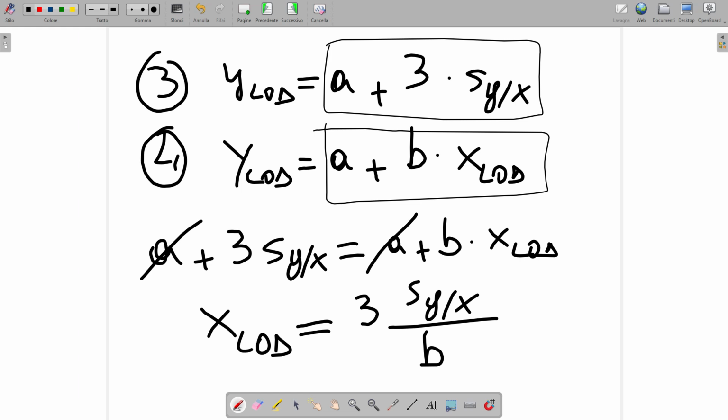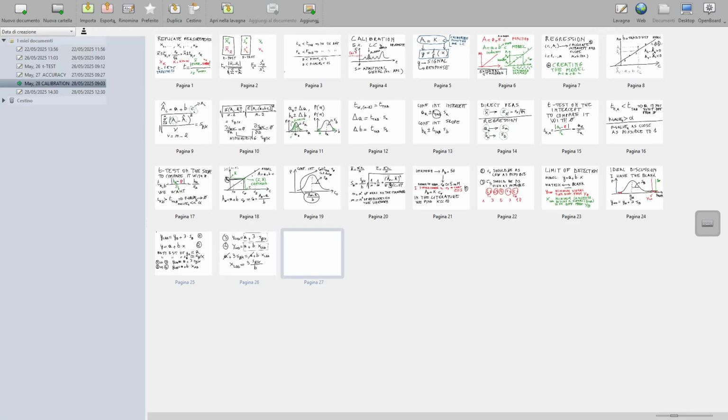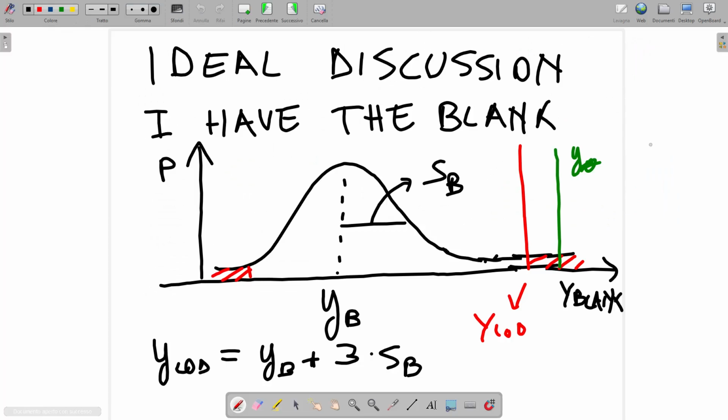Well, I can think the contrary. The part inside, so the probability, is the probability of not having the analyte inside. Exactly. We can discuss like that. Maybe it leads us to comprehension. So when I find that the green number, y0, is lower than yLOD, I conclude the analyte is not significantly present.